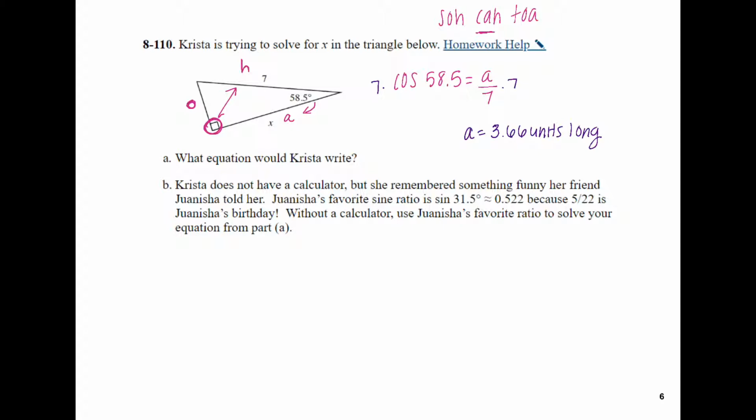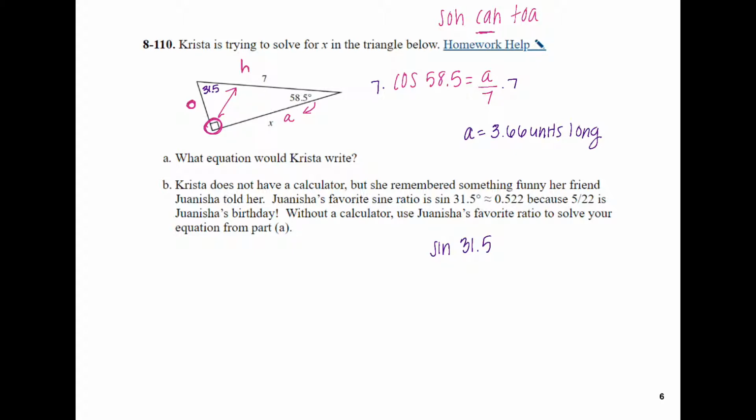So because sine and cosine are inverses of each other, the sine of 31.5 degrees is equivalent to the cosine of 58.5 degrees. I also could figure that out by subtracting 58.5 from 90 and noticing that I'm working with 31.5 degrees.